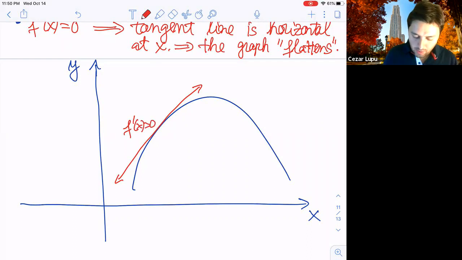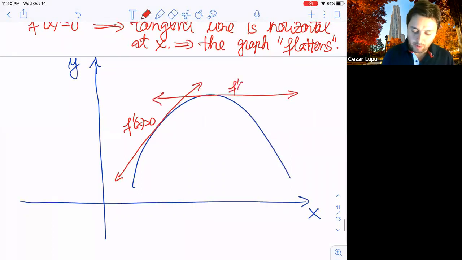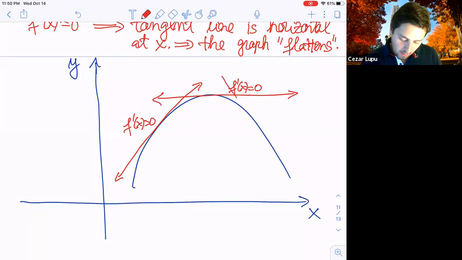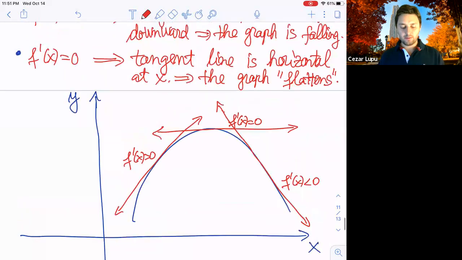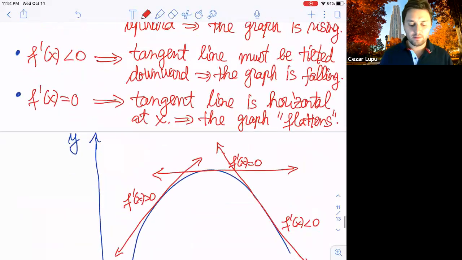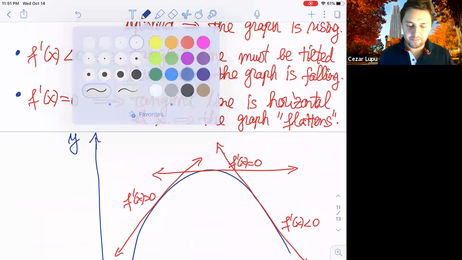On this portion here, f prime of x is 0. And if I go to this portion here, the slope is negative actually. So we see the three cases on this picture.